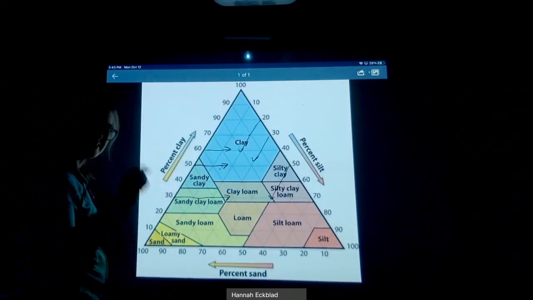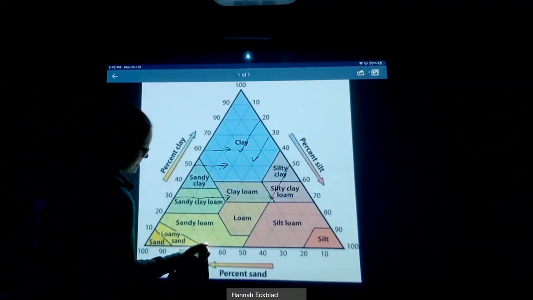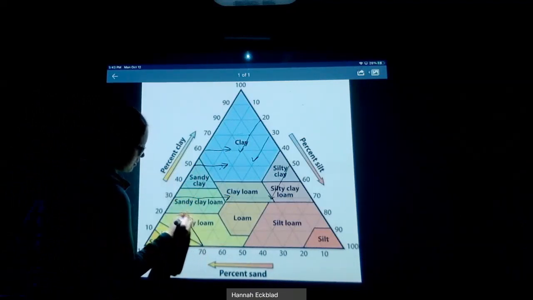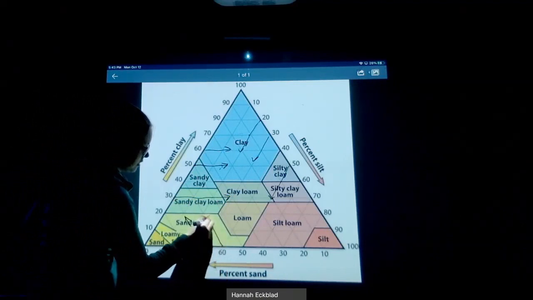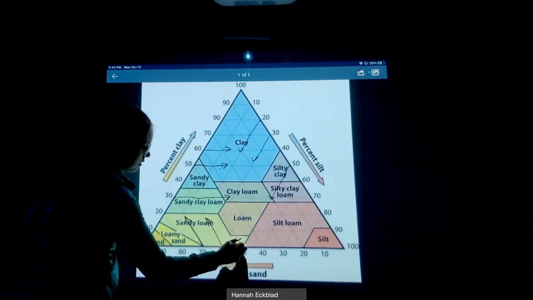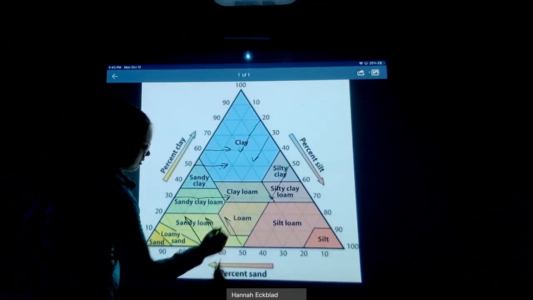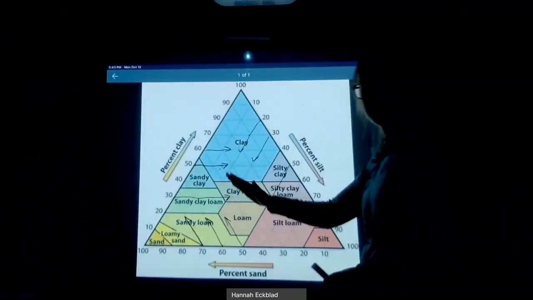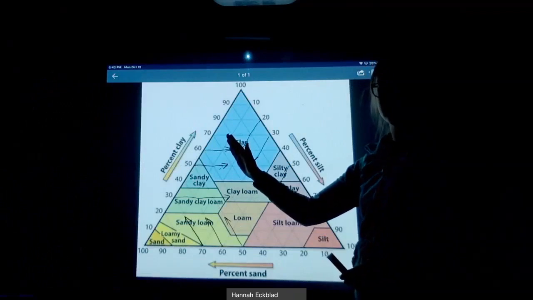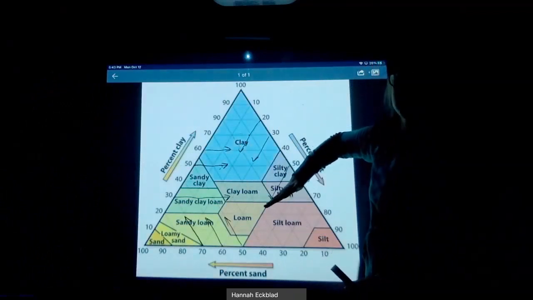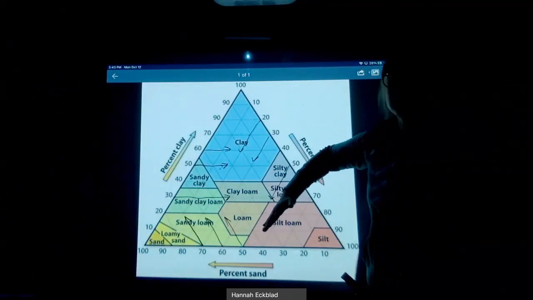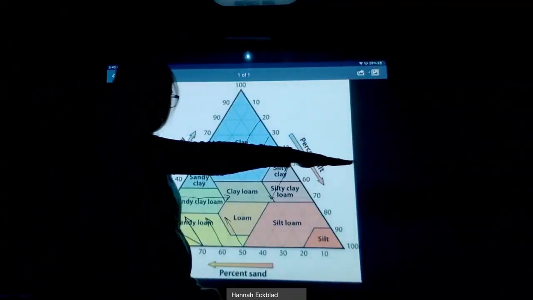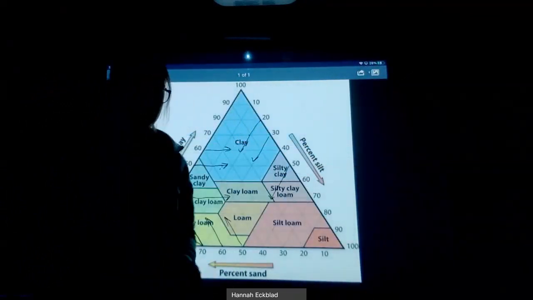That line is a sand line. Sand lines travel in this direction. So if they're traveling in this direction, they're sand. If they're traveling in this direction, they are silt. And if they're traveling in this direction, they are clay.